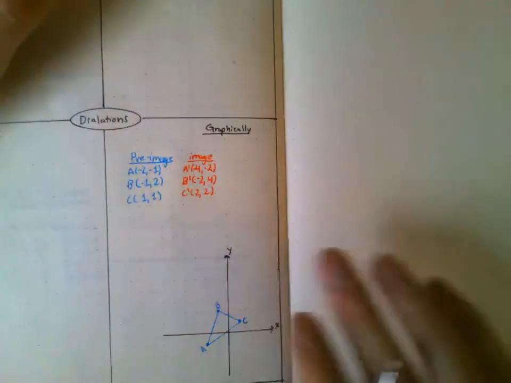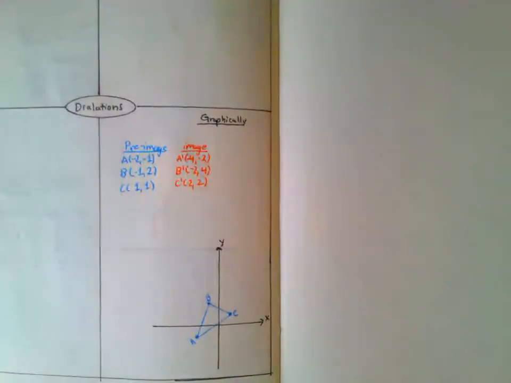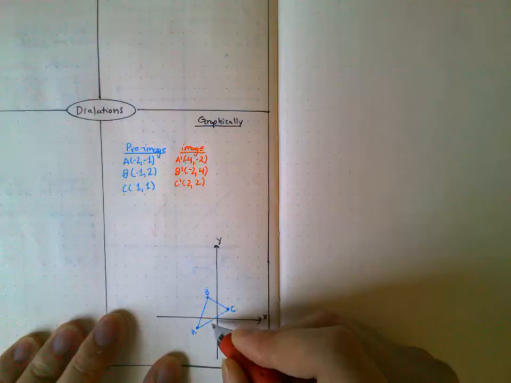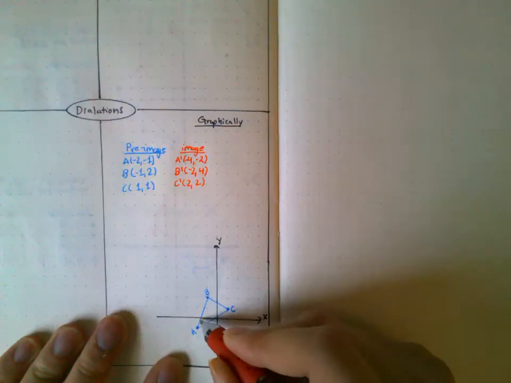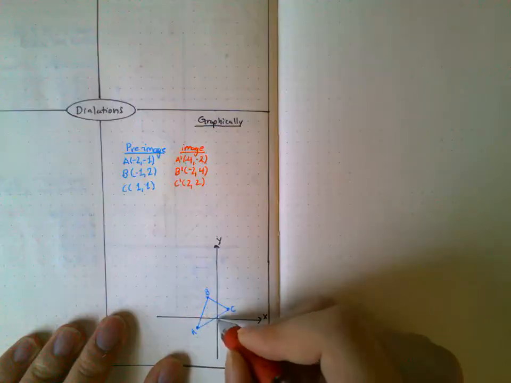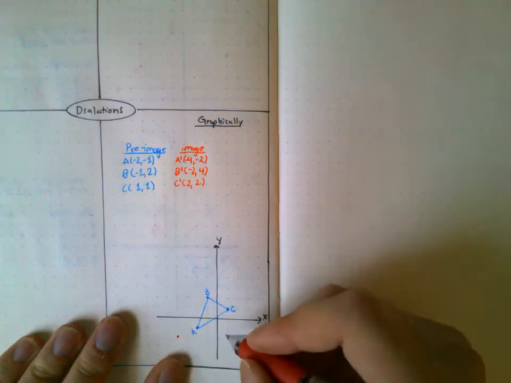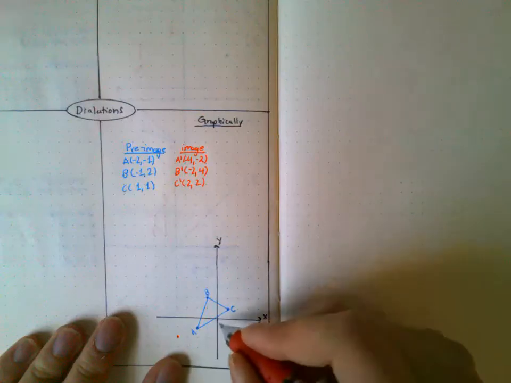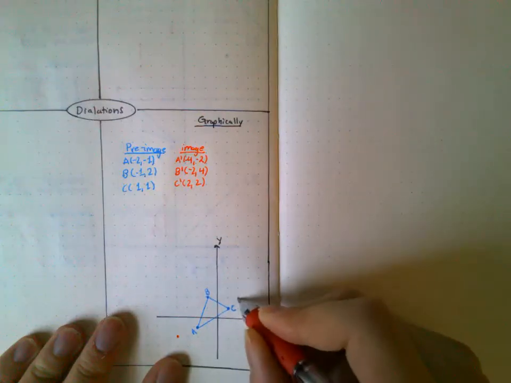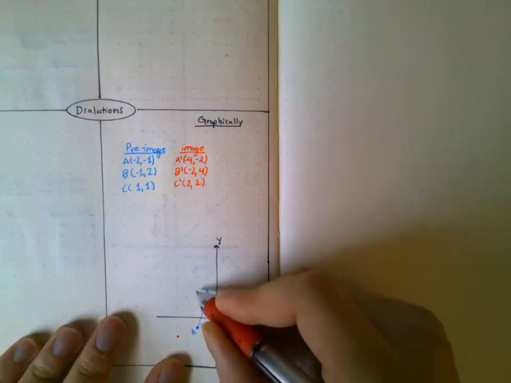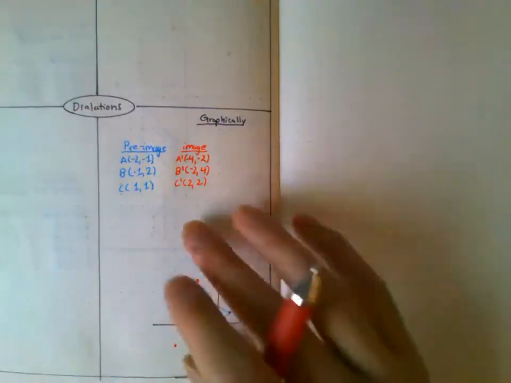If those numbers are starting to look interesting to you in terms of scaling, then you're on the right idea. So we go over 4, down 2, then over 2, up 2, and then back 2, up 4. So here is our new triangle.